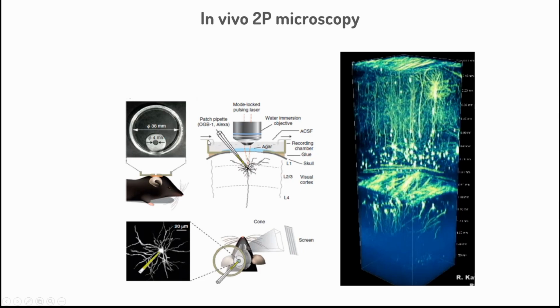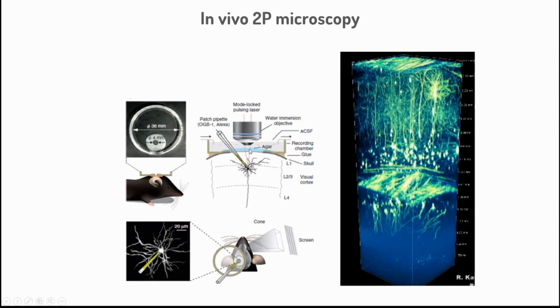So normally you have to glue to the skull some kind of reservoir so you can hold some artificial cerebrospinal fluid. This ACSF is a liquid that resembles the real cerebrospinal fluid of the brain. Okay, and normally you have to use some agar, or put a cover slip so the brain doesn't get infected, and then you have to place the objective just on top.